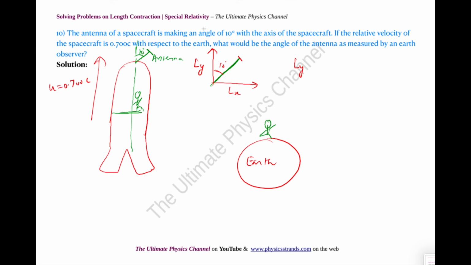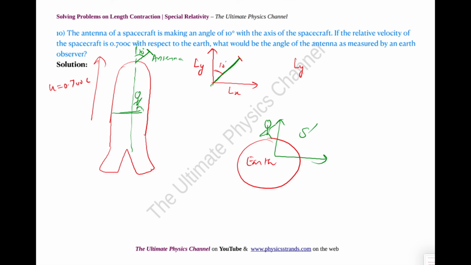Therefore, an observer in another frame of reference, let us say on the Earth, it is an S prime frame, because the spacecraft is in another frame, S frame. From this frame, if he measures, he would measure a different angle.